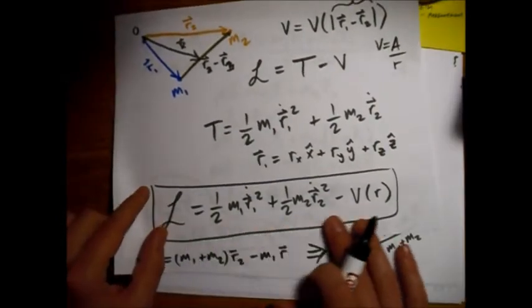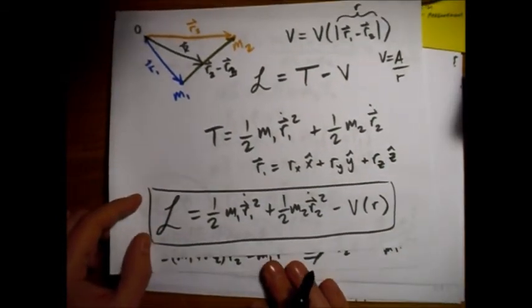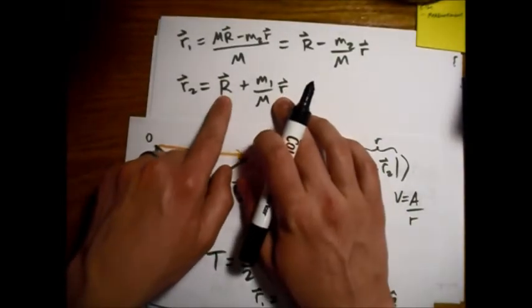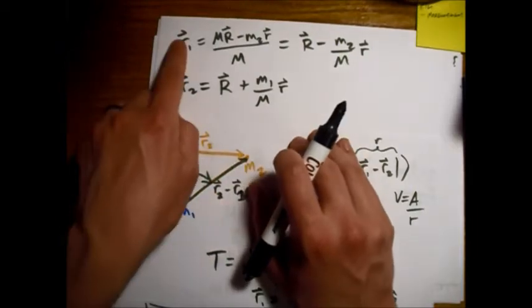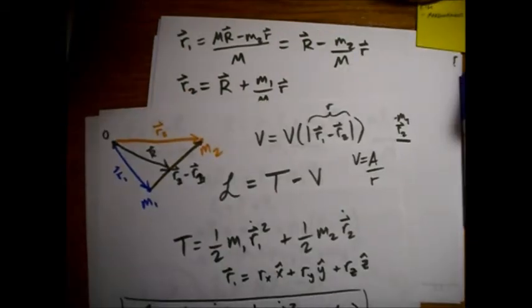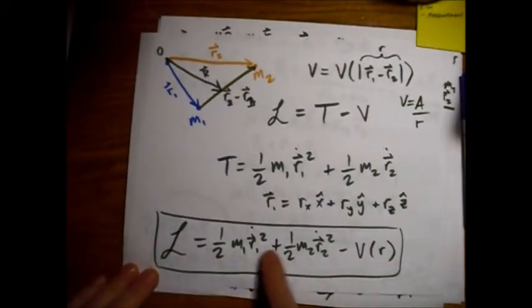Now we're going to try and rewrite this Lagrangian in terms of these two new generalized coordinates, big R and little r, as opposed to R1 and R2. We're just going to plug these two expressions right into here.